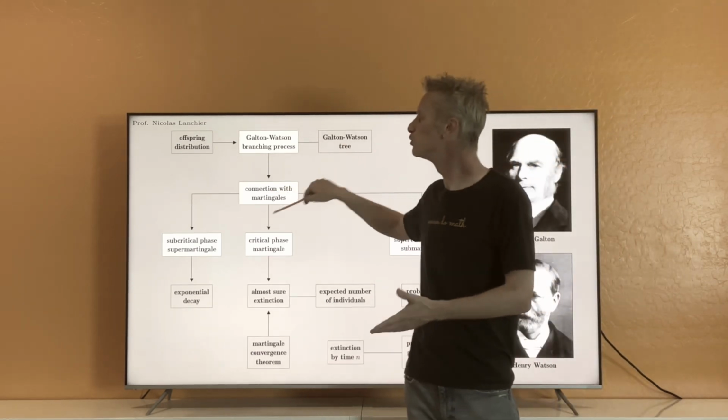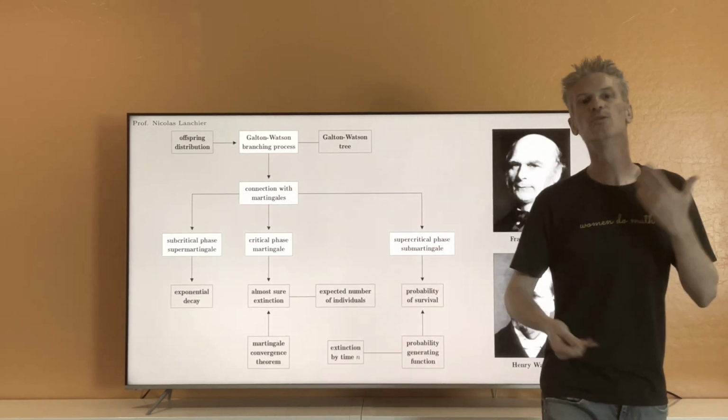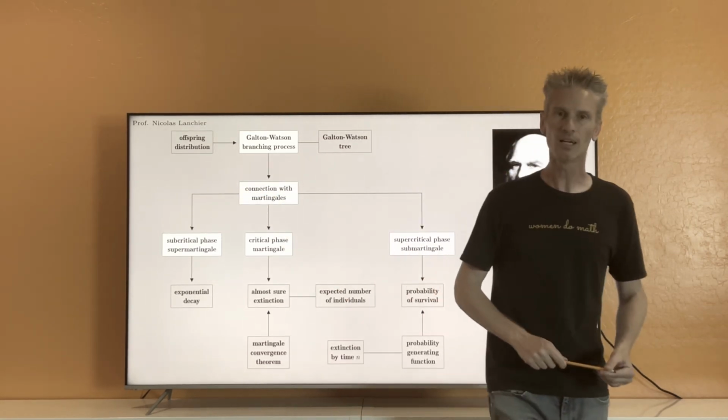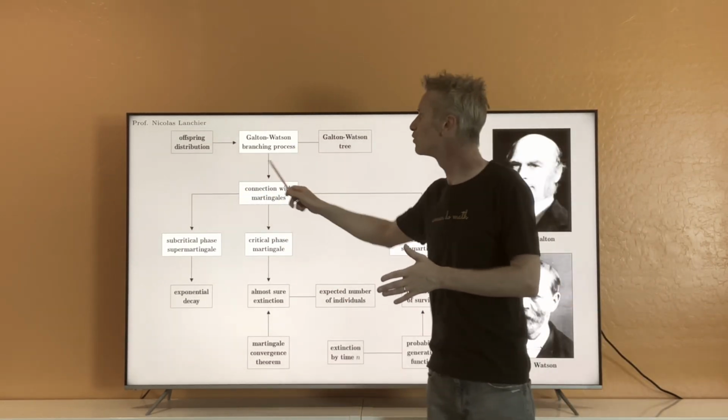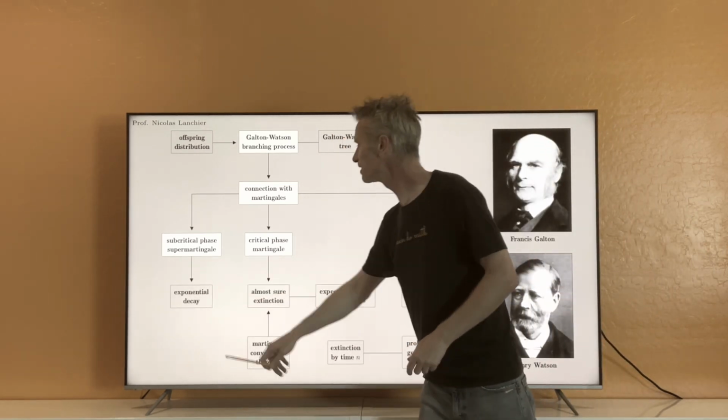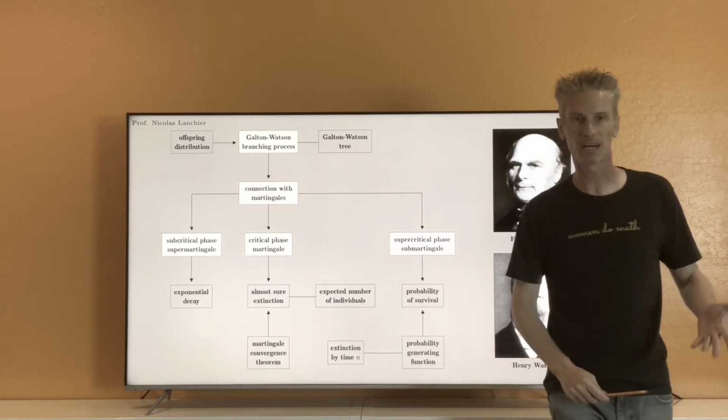First, I'm going to show you this connection, and we'll see that depending on the offspring distribution, the Galton-Watson branching process itself can be a supermartingale, a martingale, or a submartingale.